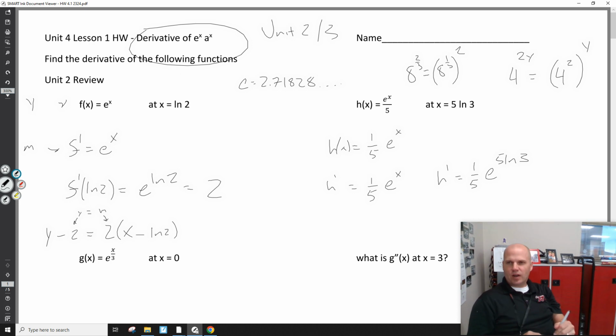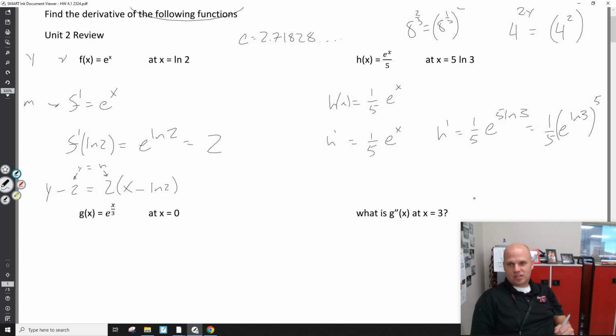Well, if you have a multiplication, you can rewrite it as a power to a power. What I'm going to do here is rewrite this as e to the log 3 to the 5th power, giving me an answer. It's actually a little bit complicated. It's 3 to the 5th times 1/5. It's not that the 5 and the 1/5 are going to cancel.